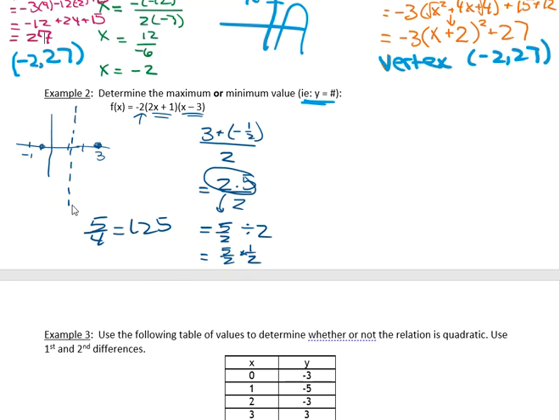So my vertex is going to be somewhere on that dotted line. This isn't the answer yet. Look at the original question. The question said, determine the maximum or minimum. I haven't done that. All I've found is the axis of symmetry. So I actually have to go and substitute now, and that's what it said up there in your chart. You have to substitute in to find the y value. So let's do that.